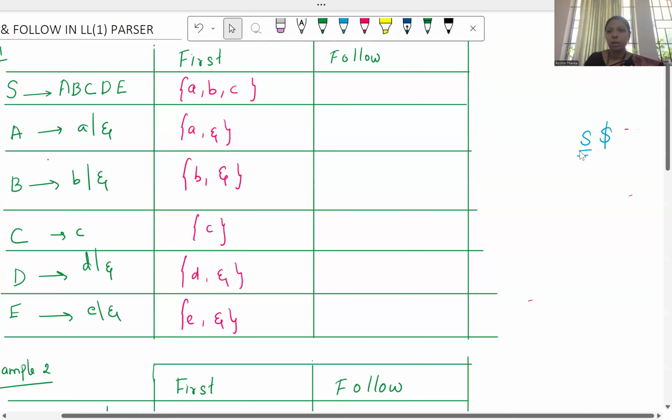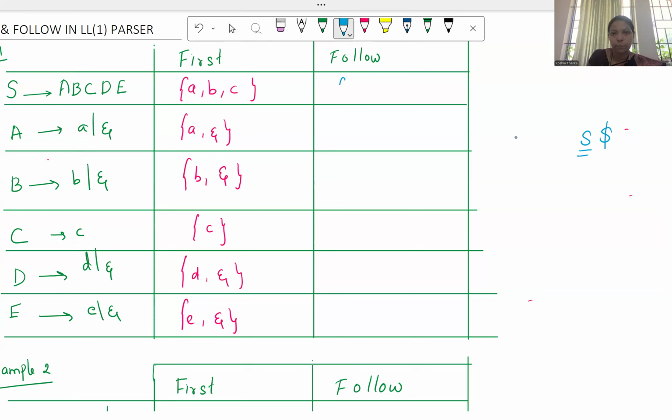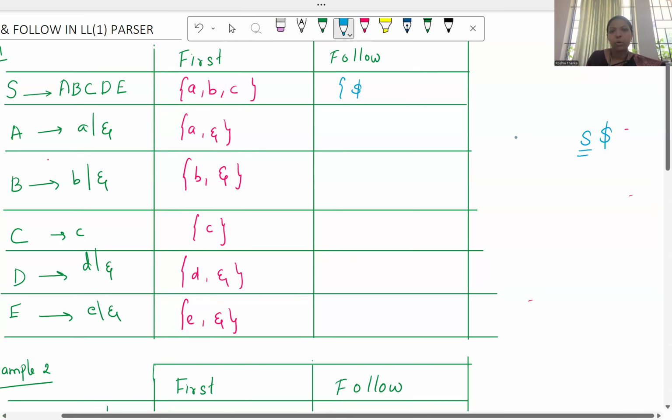So for the start symbol, its follower is always dollar by default. After that, we can include whatever it may be. So the follow of start symbol S is dollar.